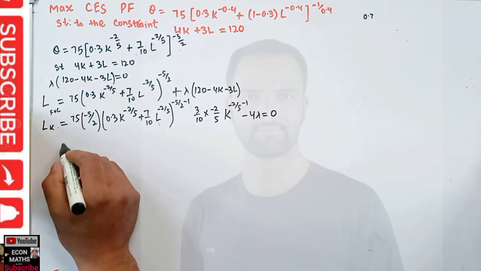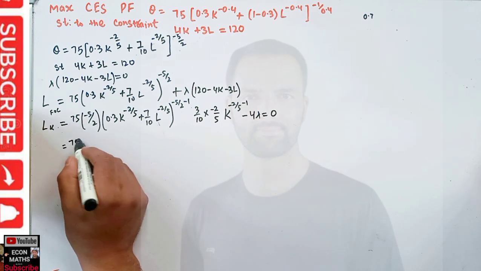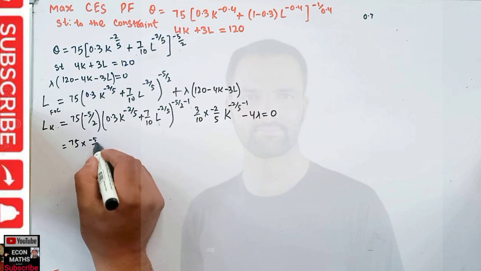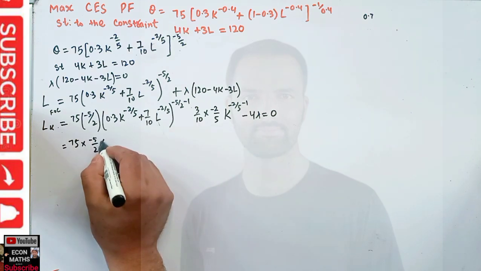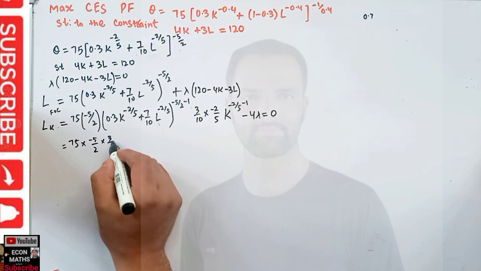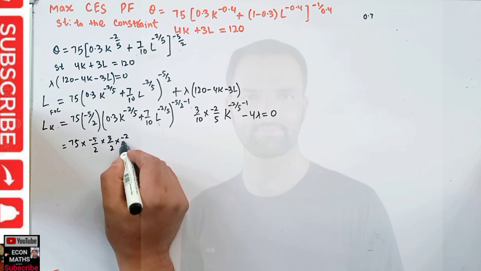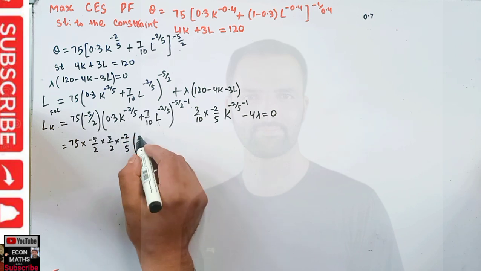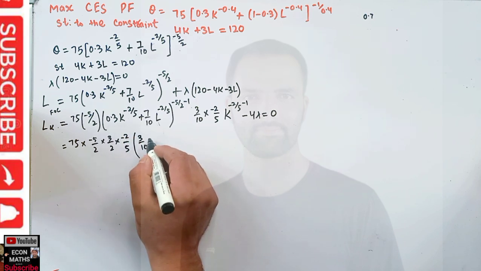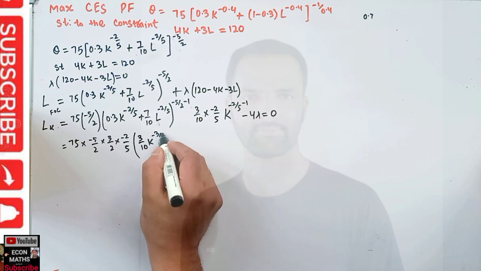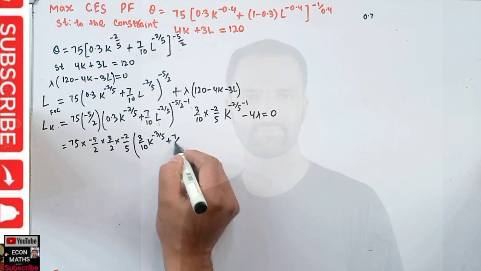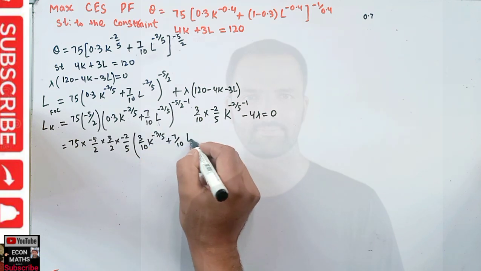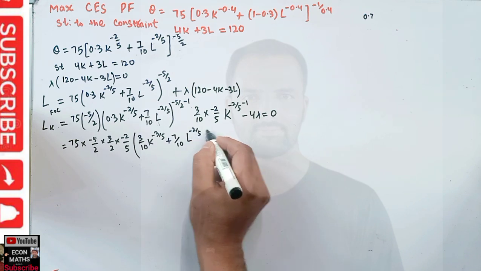Now we can write it like this. We have 75 into minus 5 upon 2, taking these terms here, so we have 3 upon 2 into minus 2 upon 5, and we are left with, in place of this, 3 upon 10 k to the power minus 3 upon 5 plus 7 upon 10 L to the power minus 2 upon 5.